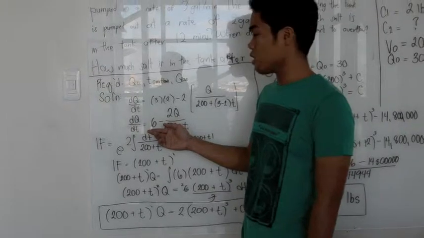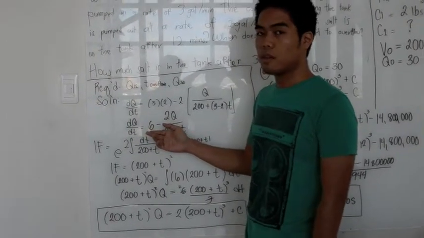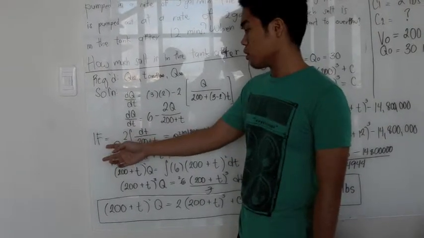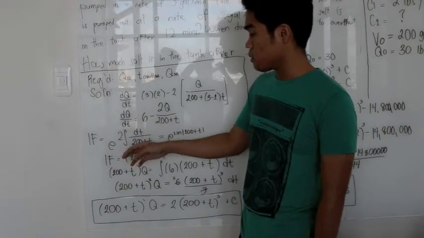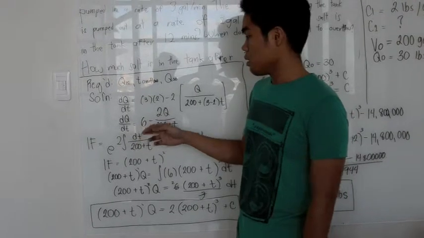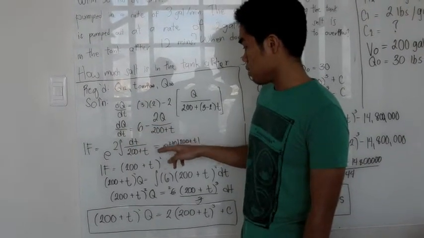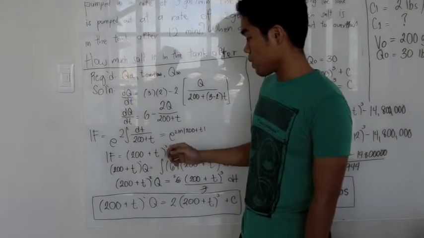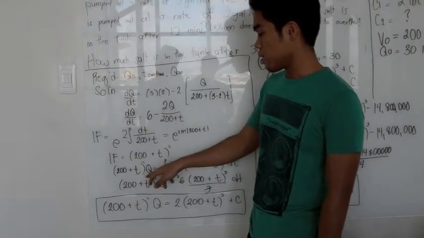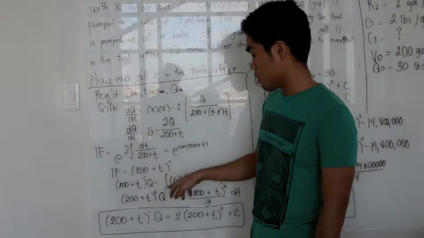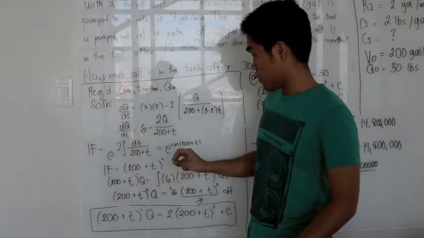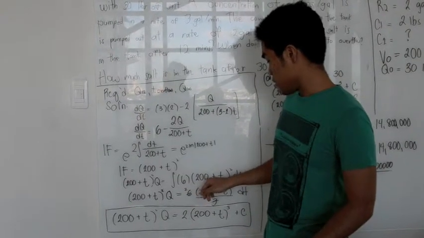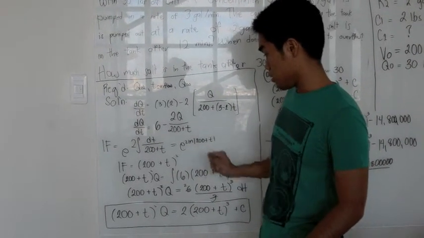And since this is a linear differential equation, we will use the integrating factor, which is just equal to e raised to the integral of P. So we'll end up with this. And we'll just multiply it with Q. IF times Q equals the integral of Q and IF dt.